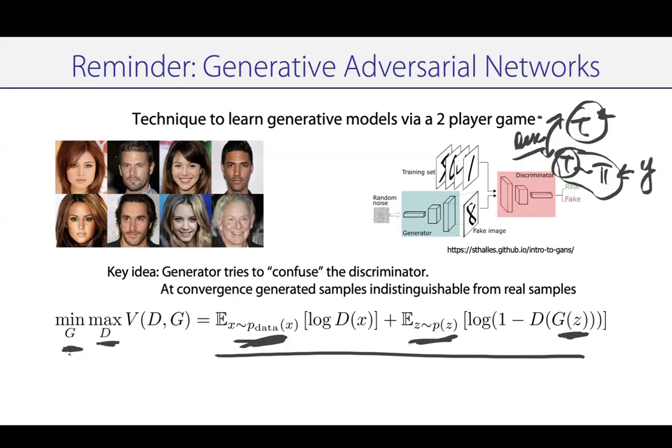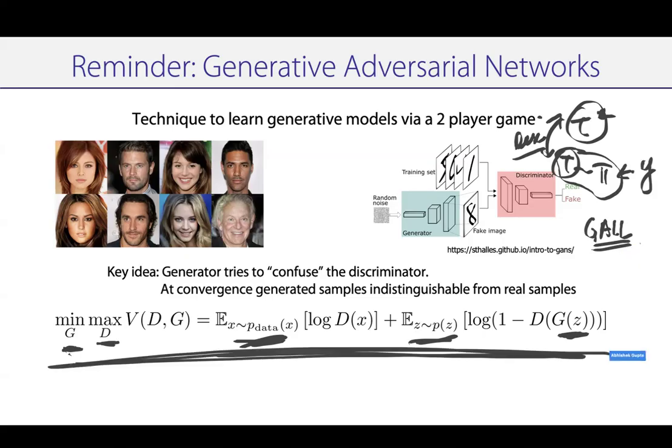There's a class of methods called GAIL, which literally use a GAN to solve this. Your discriminator step is trying to discriminate between trajectories that come from sim and real, between expert and non-expert.